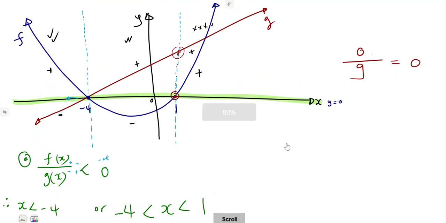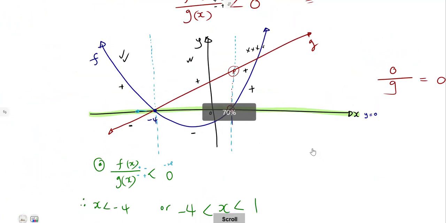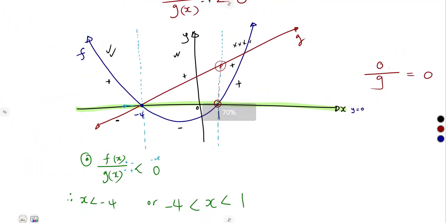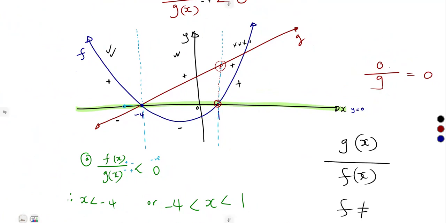The same question can be given vice versa. If it was g of x on top, g of x over f of x, it means f of x is the one that is not supposed to be equal to 0. F of x cannot be equal to 0.